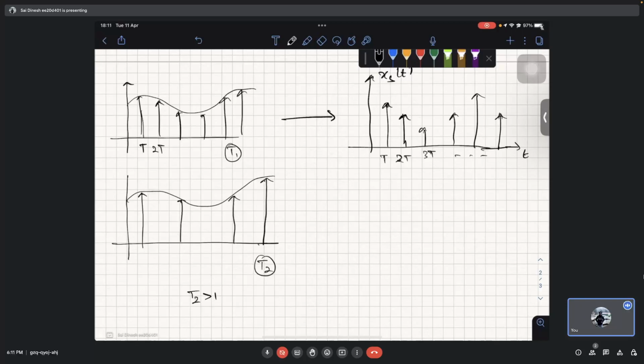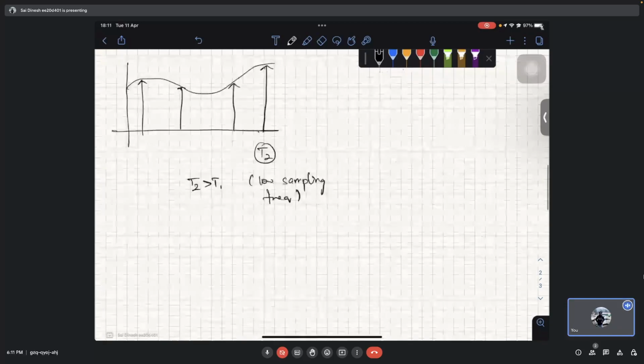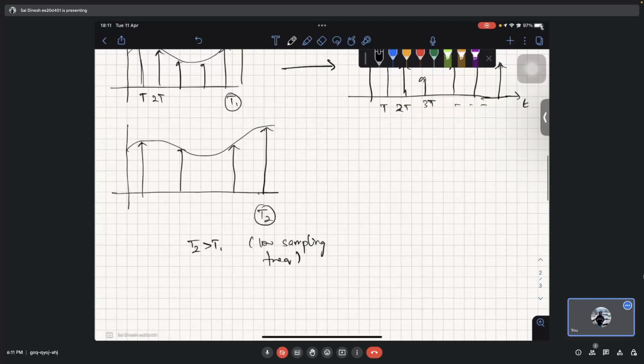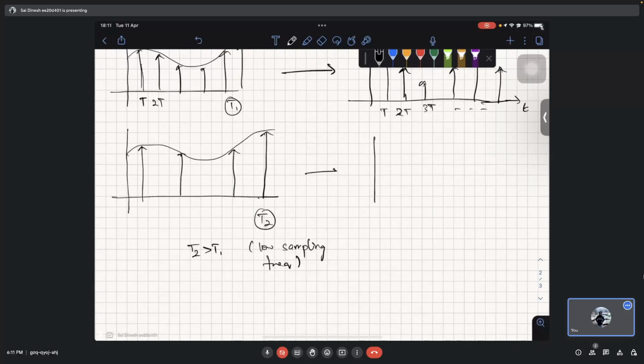For T2 greater than T1, that is a lower sampling frequency. Now what do we get? It's only 4 samples: T, 2T, 3T, and 4T.